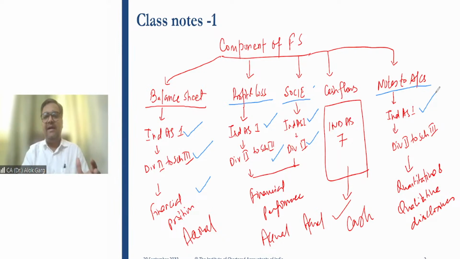You remember it says that you need to provide the basis of preparation, the statement of compliance, and the detailed breakup of balance sheet and P&L in the notes to accounts. You need to provide the disclosure requirements of all the standards, right? Whatever is required, you have to provide it in the notes to accounts.